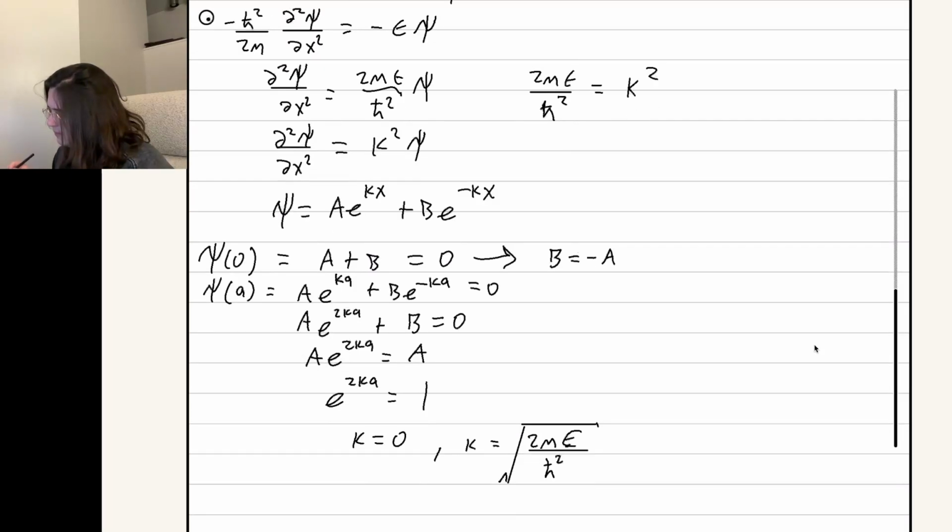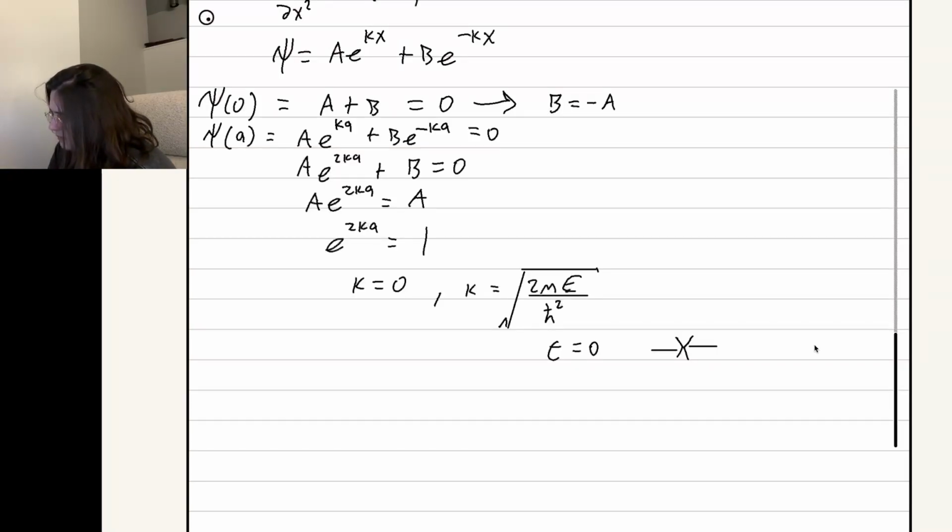And so the only thing in here that we can set to 0 is epsilon, which is a contradiction to our setup. So there's no solution here either. So if you're doing particle in the box, you better find that your energy is positive, or else weird things happen. Okay.